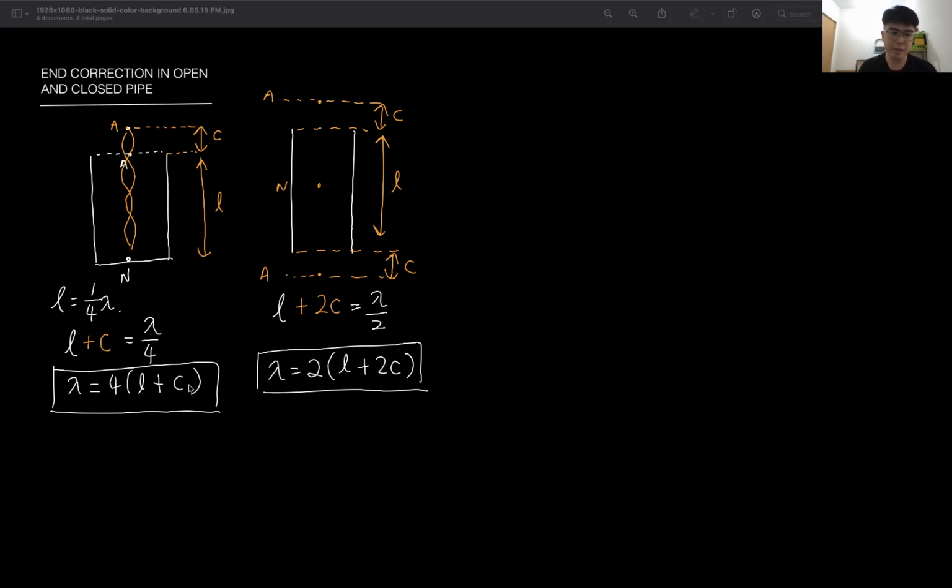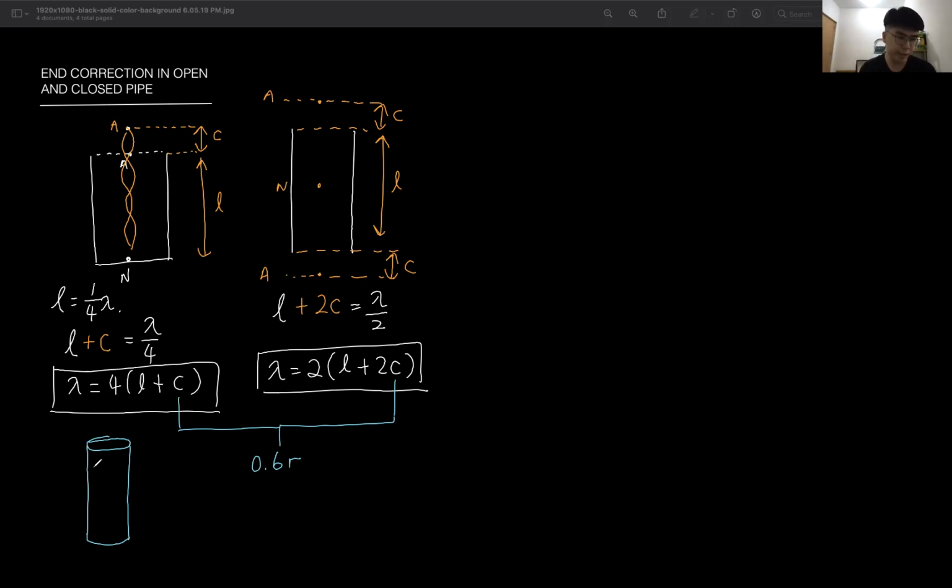The end correction is discovered experimentally to be 0.6 times the radius of the tube, considering that your tube is cylindrical. If your tube is cylindrical, which most tubes are, then we take the radius times 0.6, and you get roughly an estimate of the end correction for the pipe.